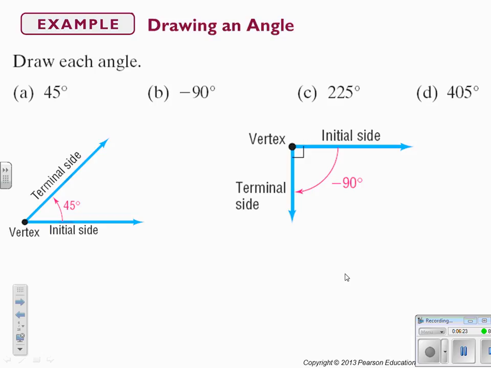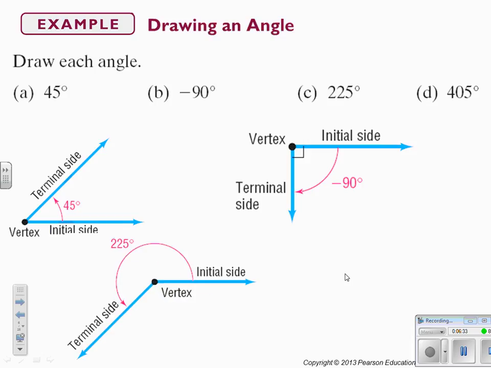Well, 180 is at that straight angle, and then 45 degrees more. So it's a straight angle and then 45 degrees more.